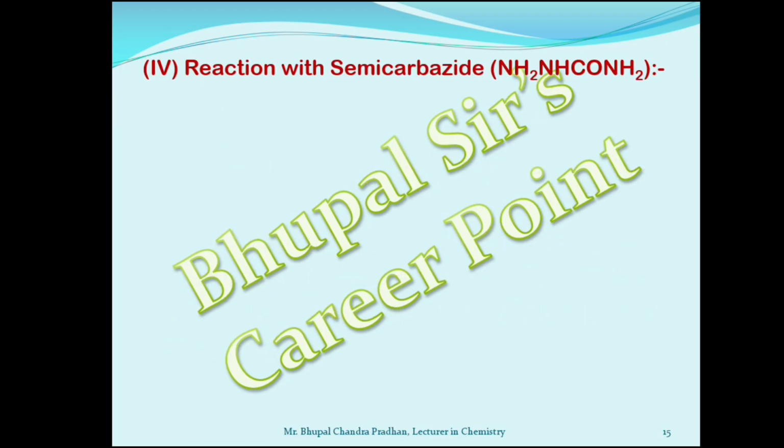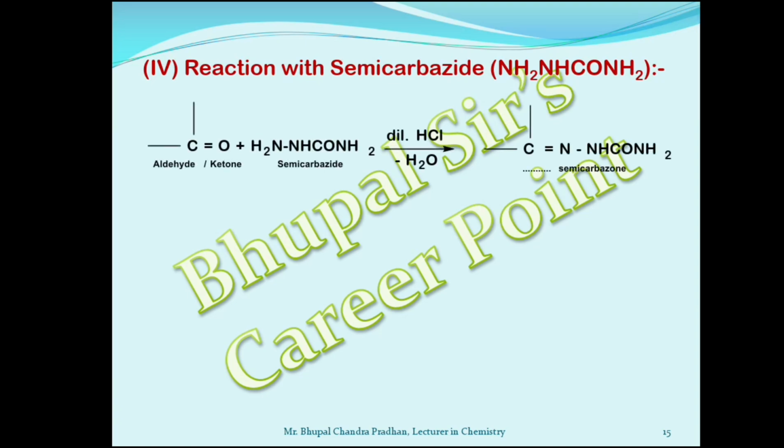Let us come to the fourth reaction: reaction with semicarbazide, NH2NHCONH2. Here, G is equal to NHCONH2. So the general reaction will be: when an aldehyde or ketone reacts with semicarbazide in the presence of dilute HCl, a water molecule will be eliminated. How?